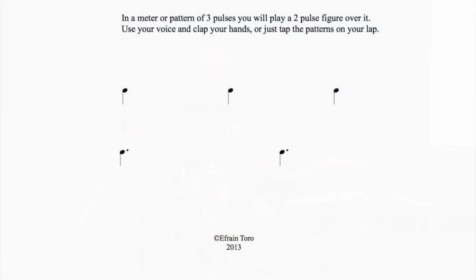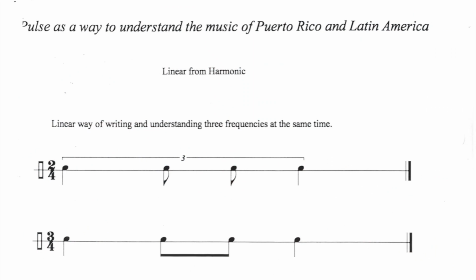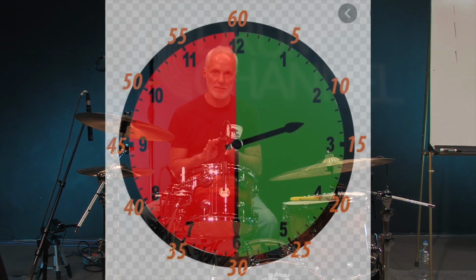And then the bass drum is 3, so it's 3, 2, and 1. Okay. A linear idea of that would be, it has all the same events, but they're not happening at the same time.